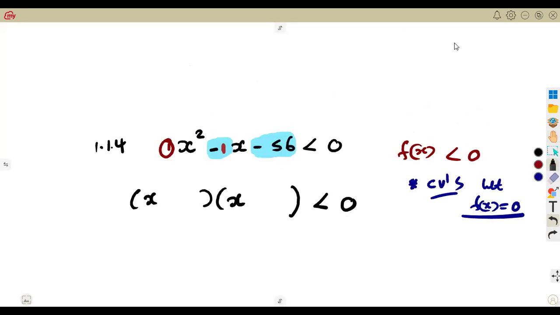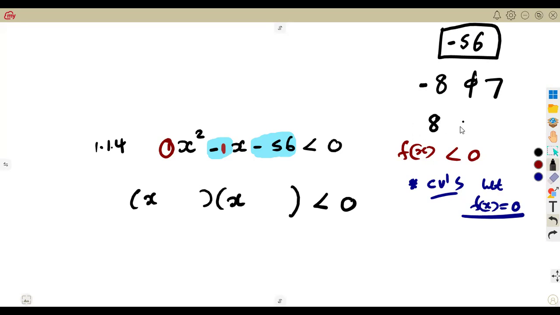If we multiply these two numbers, we must get minus 56, but when we add, we must get minus 1. Looking into these, you can see that there's something between 8 and 7. But we need a negative, so one of these numbers must be negative. For us to have a negative final answer, it is the bigger number that is negative. Or you can write 8 and minus 7.